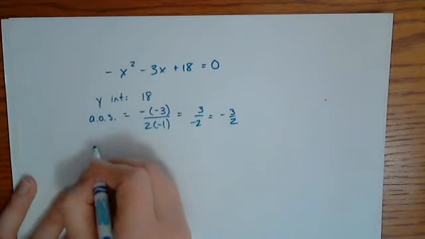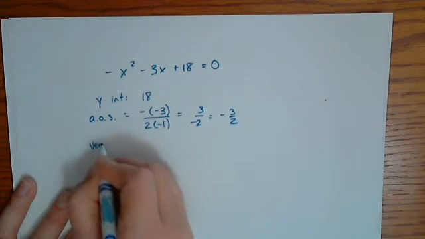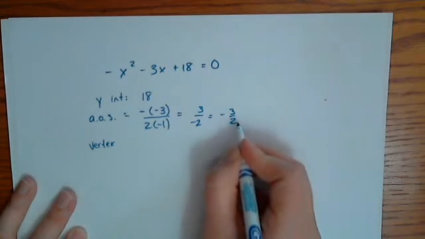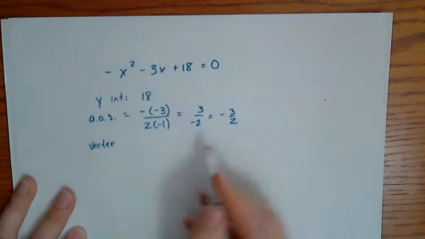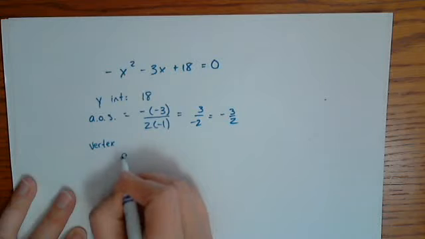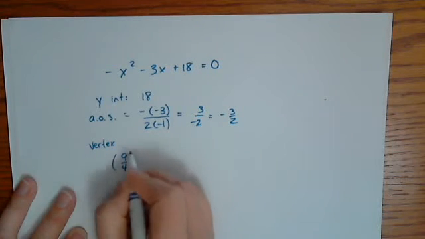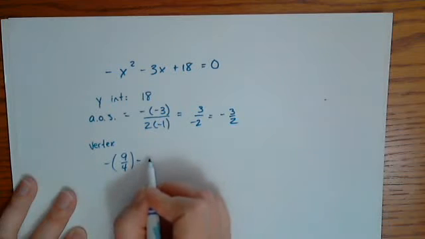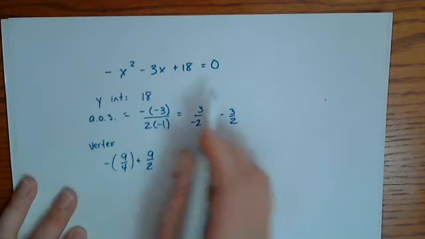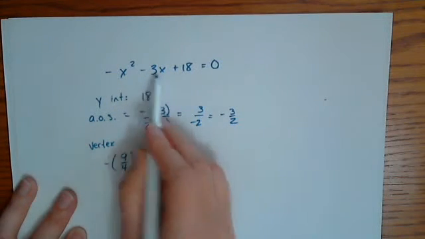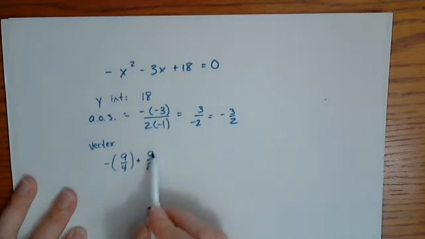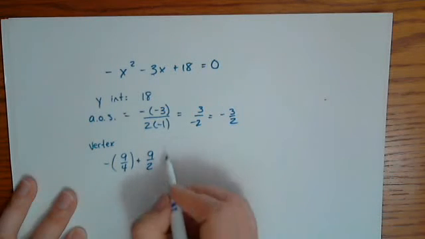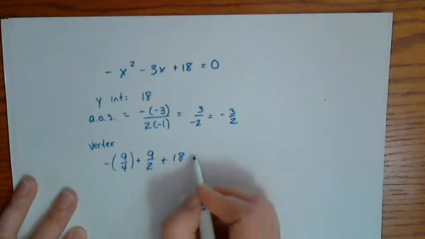And finally, our vertex y-coordinate, we're going to put that -3/2 in for x. When we square that, that's going to be a 9/4, but that negative sign needs to stay with it, minus 9/4. Then the -3 times -3/2 becomes a positive 9/2, plus 18.